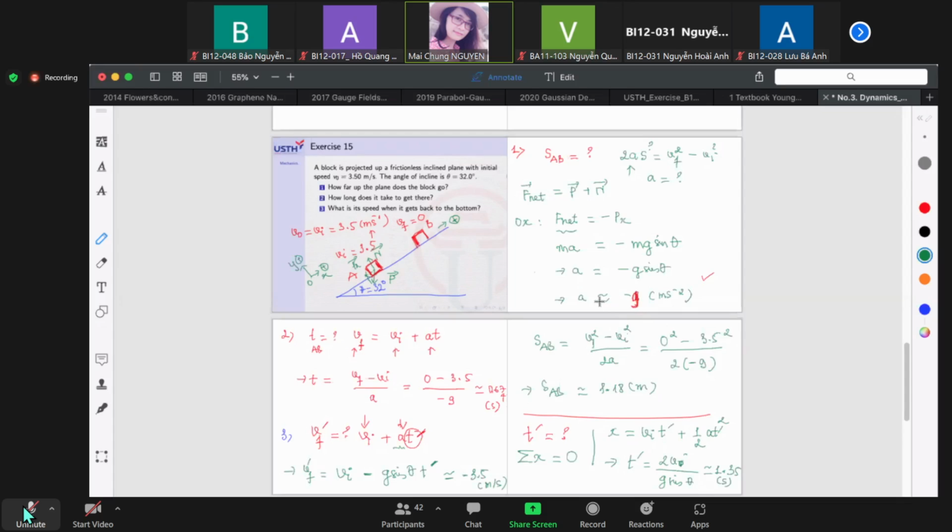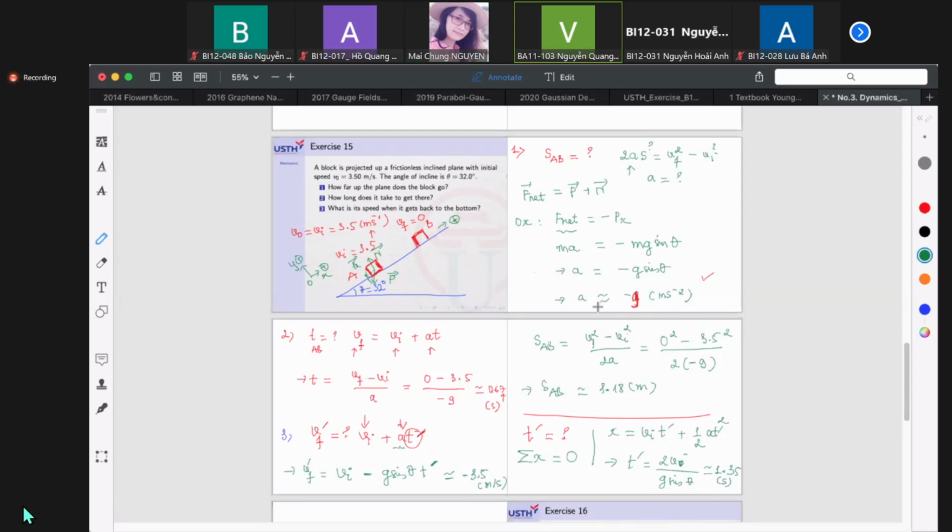What about the acceleration? I think the acceleration is wrong. No, the acceleration is also not -9. It's not nice. So how about this? The formula is okay, right?